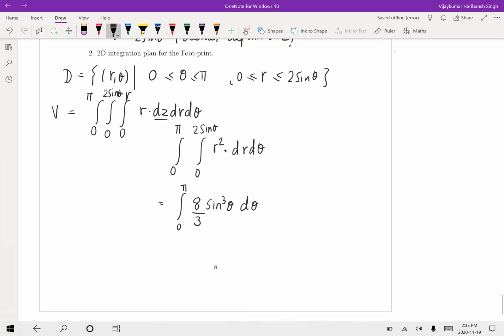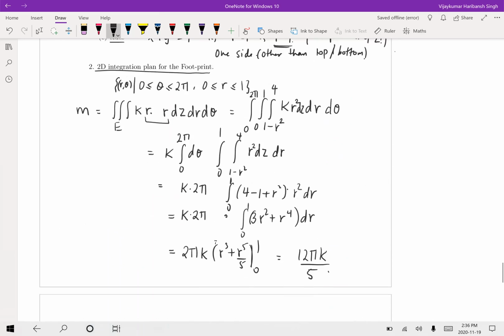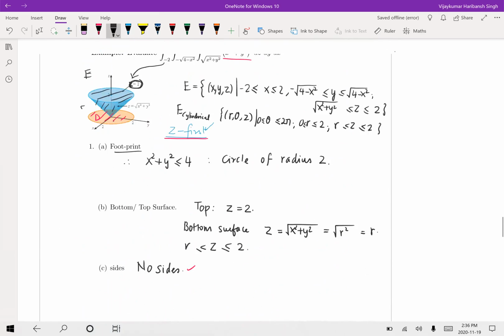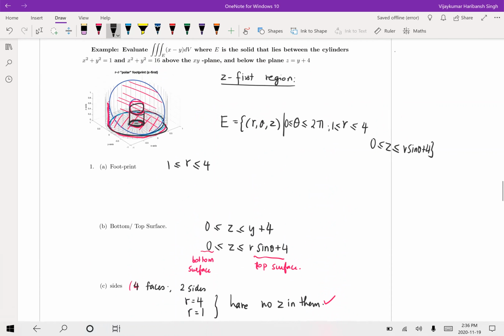And then you can do the usual conversion. You can leave 8 by 3 outside, write it as 1 minus cos squared theta times sine theta d theta, and then do the conversion. It's a u substitution, right? So substitute cos theta equals u, and that will solve your problem. So these are the techniques we have in the cylindrical setup.